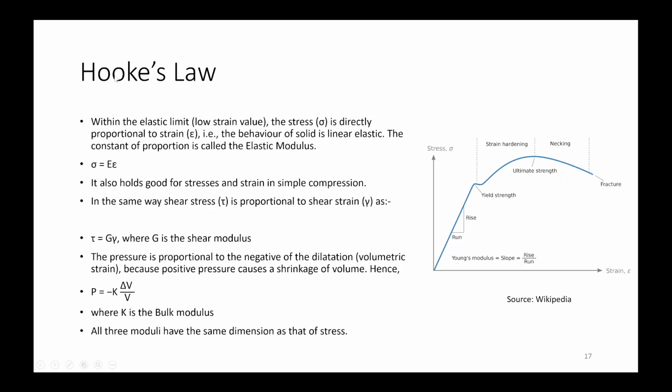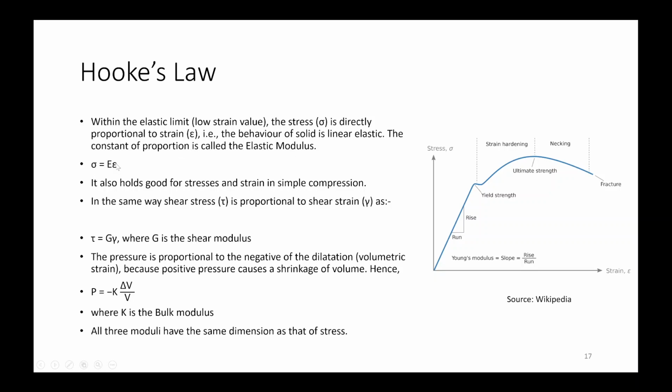Now Hooke's law is important in the elastic region, within the elastic limit, at low strain values. In this area, the stress is directly proportional to strain, the behavior of the solid is linear elastic, and the constant of proportionality is called the elastic modulus.